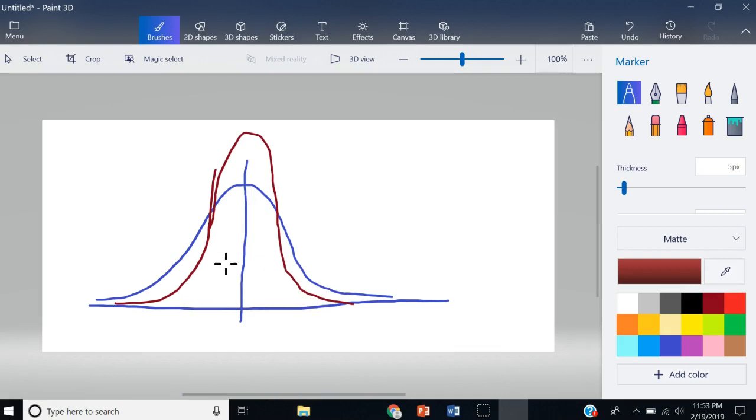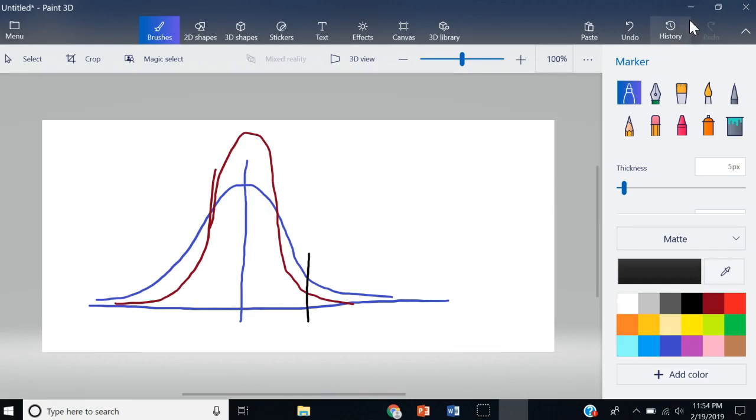So if my probability includes the average, as the n goes up, I'm going to get a bigger area. If the probability I'm looking for does not include the average, so for instance, let's say the probability I'm looking for is something like to the right of this black line, then as our sample size goes up, less stuff is going to be to the right of that black line.